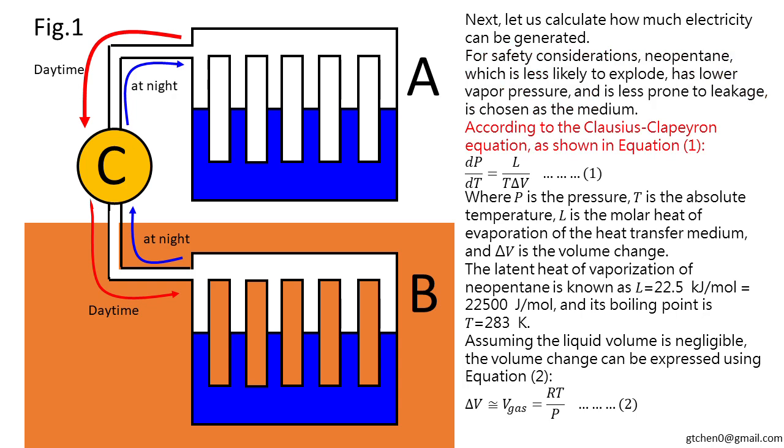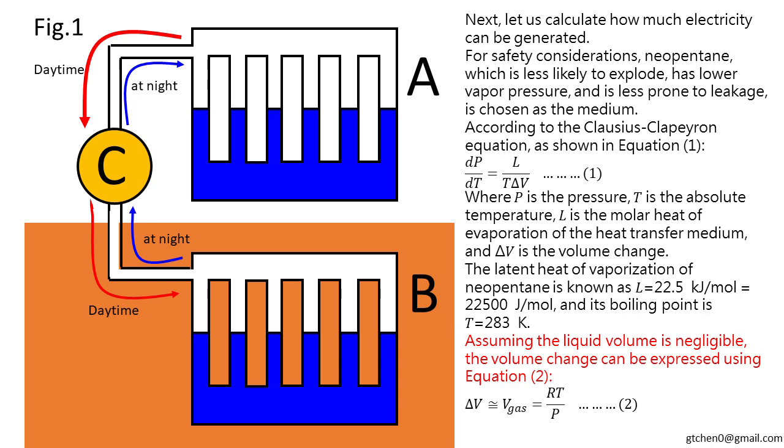According to the Clausius-Clapeyron equation, as shown in equation 1, dP over dT equals L over T delta V, where P is the pressure, T is the absolute temperature, L is the molar heat of evaporation of the heat transfer medium, and delta V is the volume change. The latent heat of vaporization of neopentane is known as L equals 22.5 kilojoules per mole equals 22,500 joules per mole, and its boiling point is T equals 283 Kelvin.